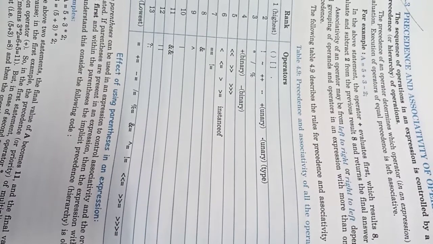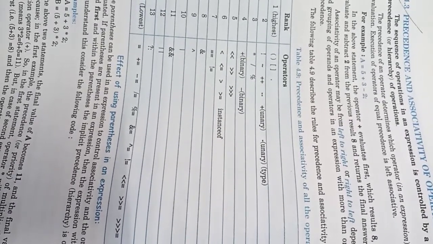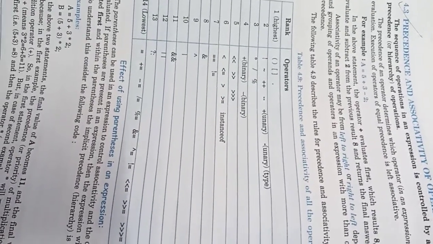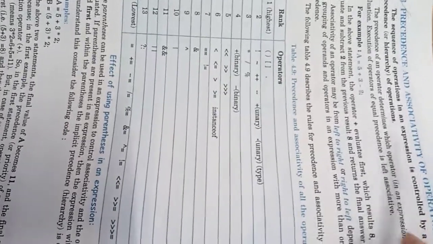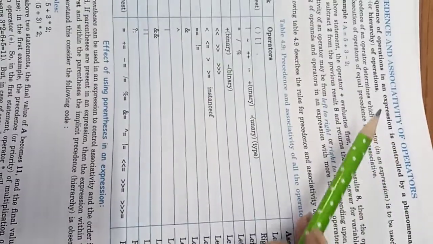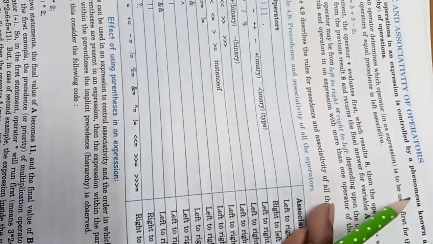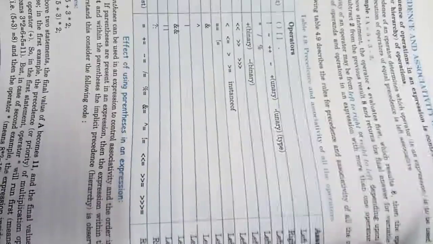Precedence is an order or sequence in which the different operators will be evaluated in an expression. So it's basically the sequence of operations in an expression, controlled by a phenomenon known as precedence or hierarchy of operations.